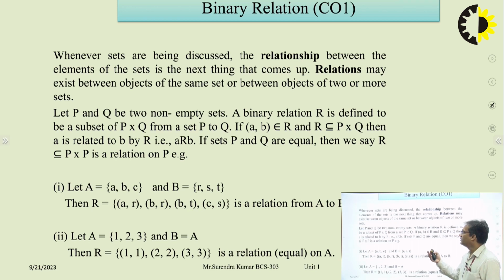We will take a small example. Let P and Q be two non-empty sets. Non-empty, because if a set is empty, then we are not able to create a relation.